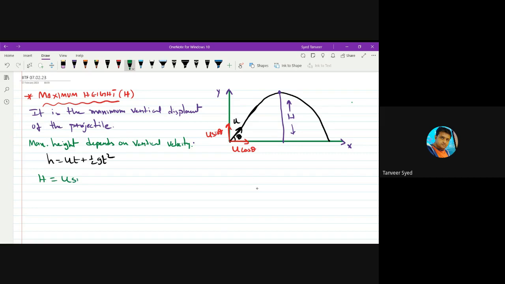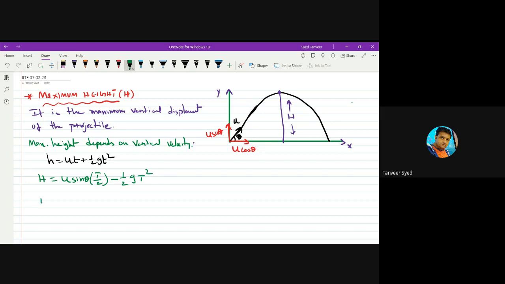So u sin theta into t, time. How much time does the projectile take to reach maximum height? Is it the time of ascent? Time of ascent. Or in other words, you can write half of time of flight also. It will reach the maximum height in half of time of flight. Okay. Minus, because it is going up, g is downward. Minus half g t square, again capital T square.